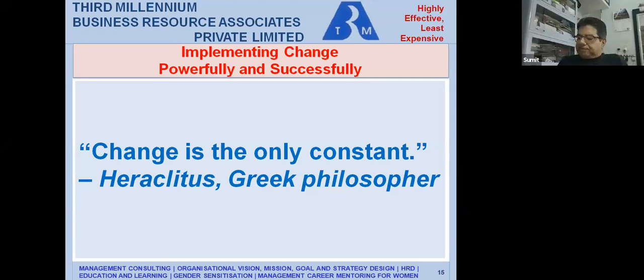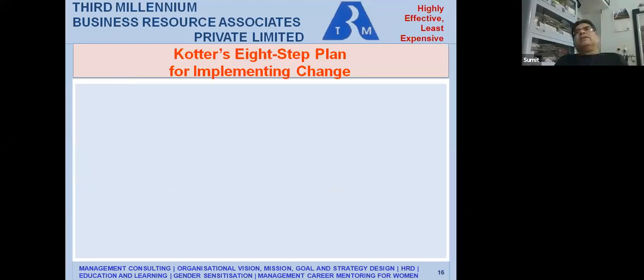So coming to Kotter and change, what Kotter did was he built upon Lewin's 3-stage model of change process, and he created 8 steps in the change process. He did a much detailed analysis, though of course Lewin has to be credited for the original thought.